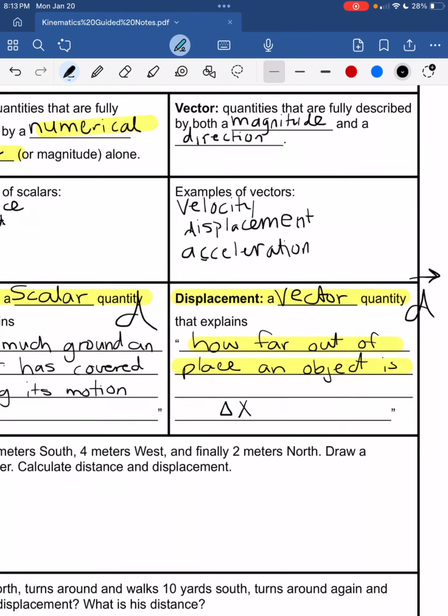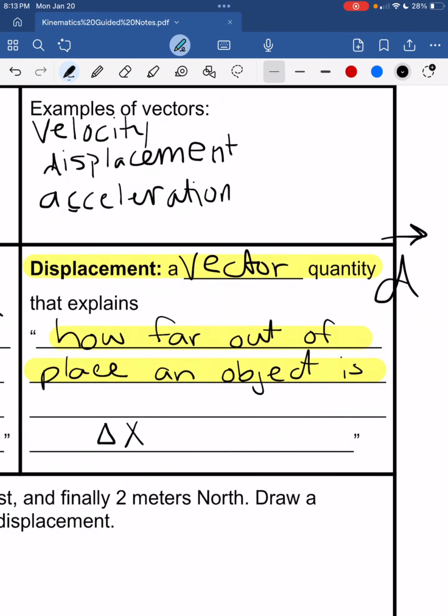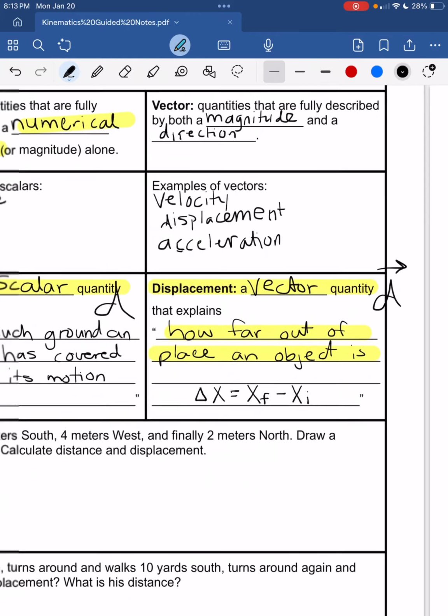So that's how we're going to look at displacement today. Anytime we see the change in position, or delta x, that's equivalent to x final, the final position, minus x initial, the initial position.